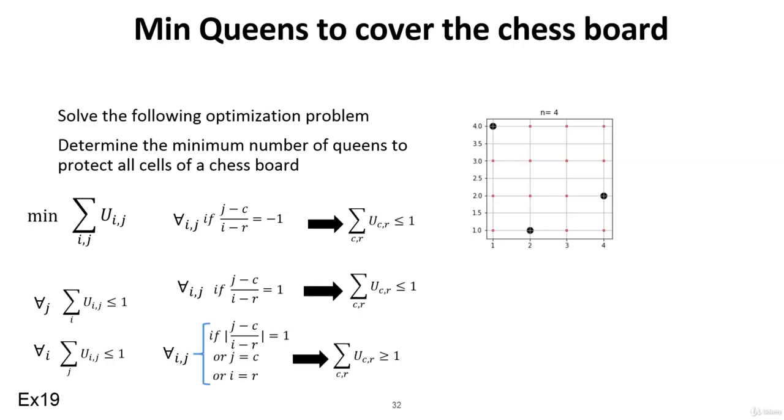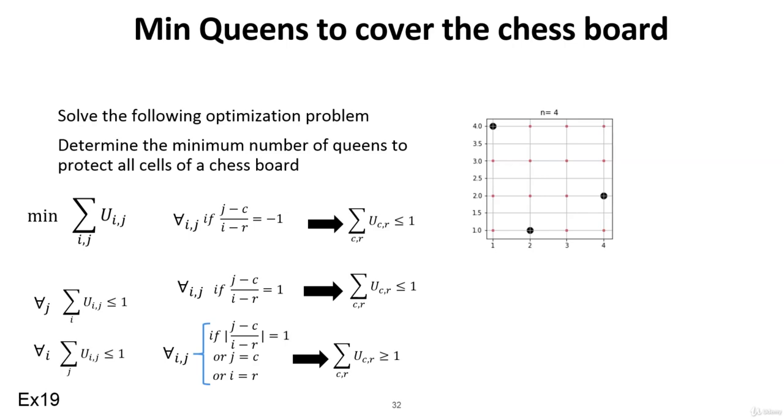So we need another kind of constraint saying that for every i and j, if we do the summation over the cells in the same row, column, diagonal or anti-diagonal passing through that cell, the summation should be bigger than or equal to 1. It means that it should be protected by at least one queen.